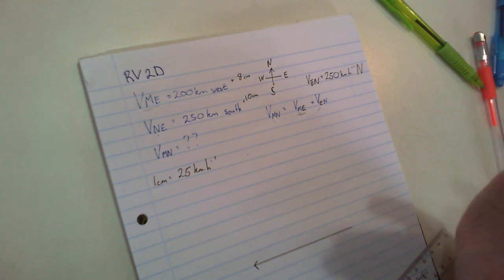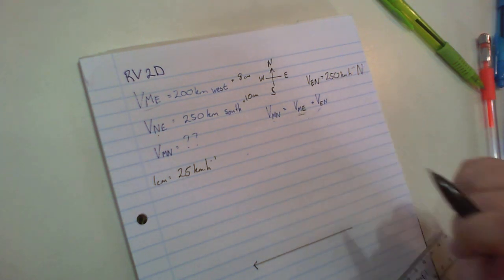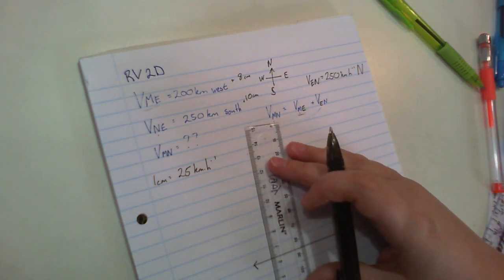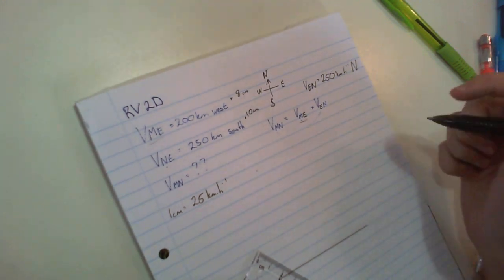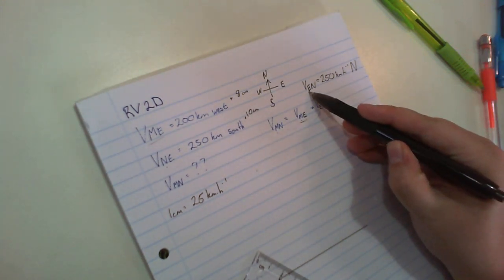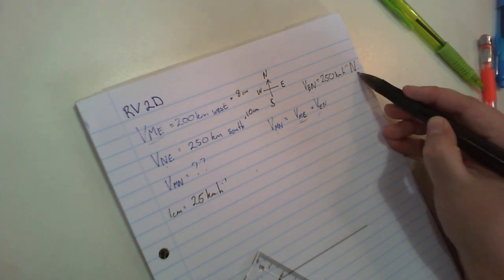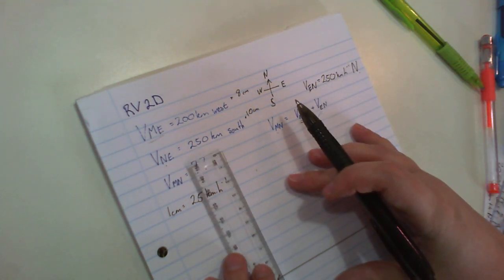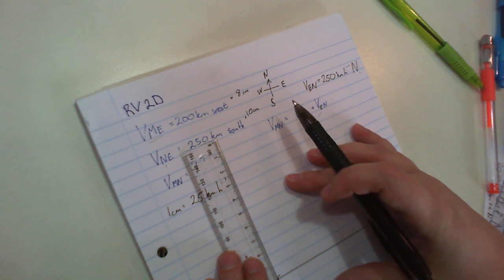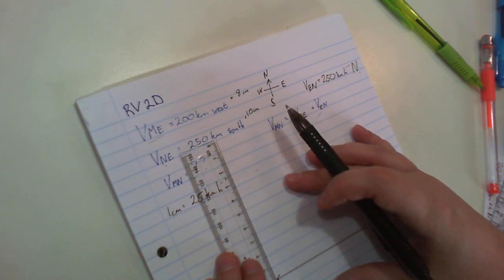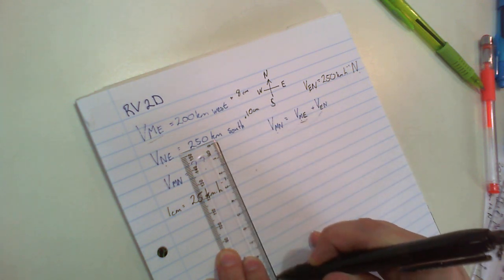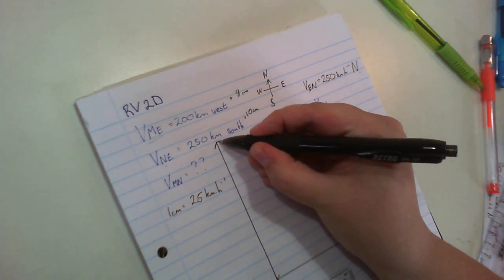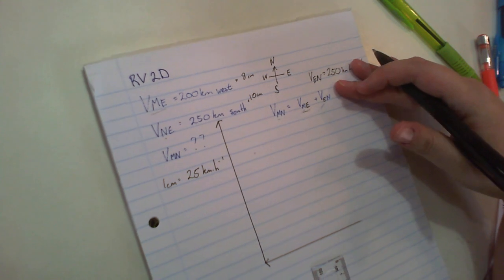Now, because we're adding it to the other vector, we need head to tail. Now, because we're doing Earth relative to N, it is north. So we need 10 centimeters north. Now, don't have your vector so close to your writing that it all collides. But that's just how it's ended up.